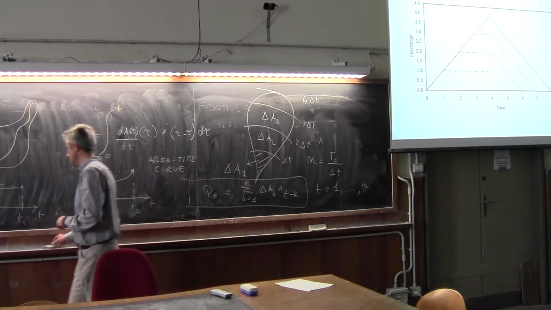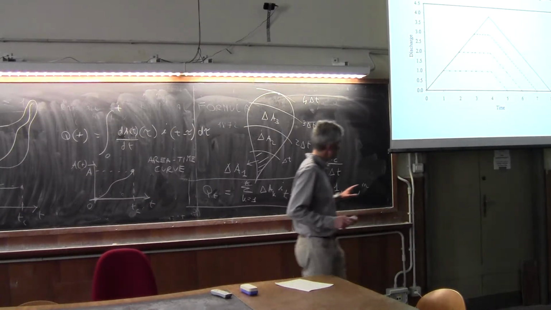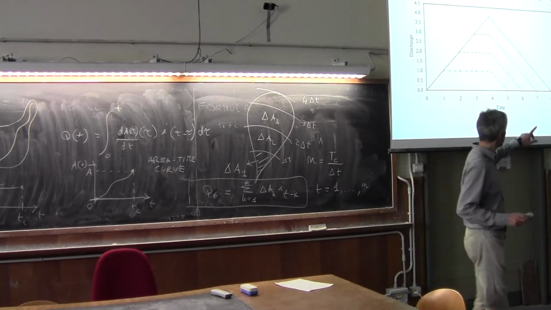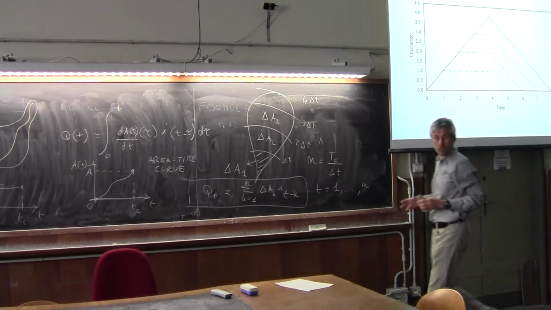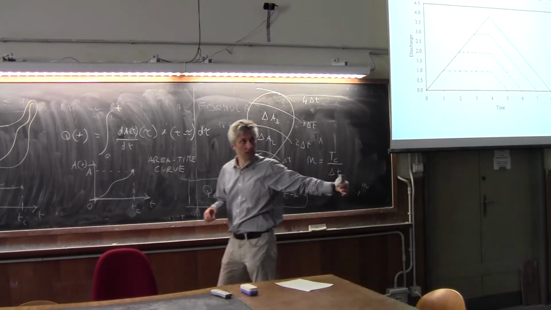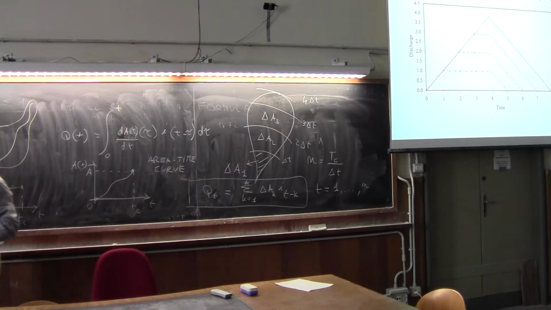Let me spend some time on this case. This case refers to a rectangular shape of the catchment, which means that, if you assume that the velocity of the drops is constant over the catchment, the time area curve is linear.